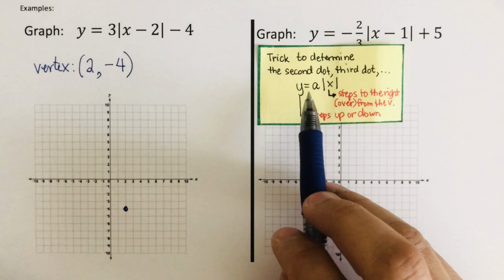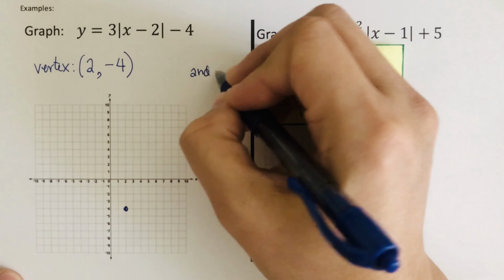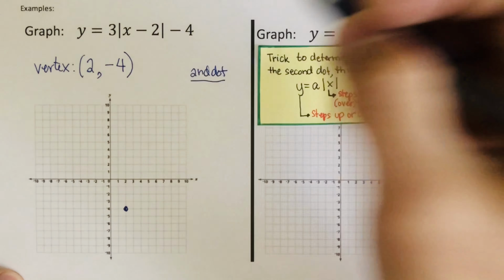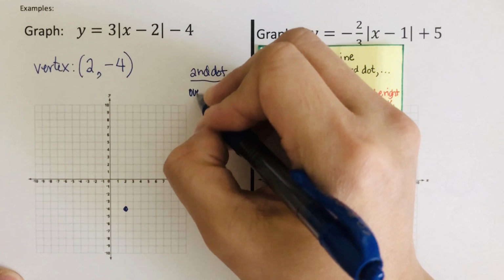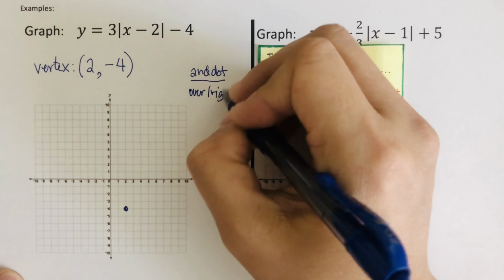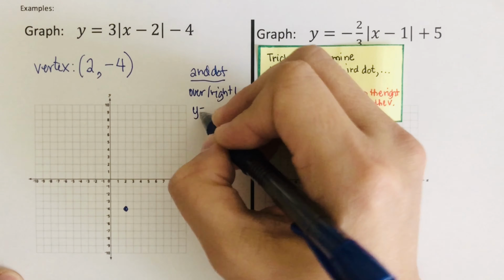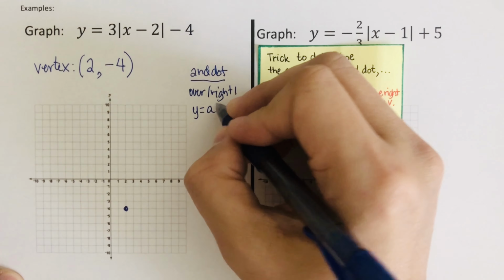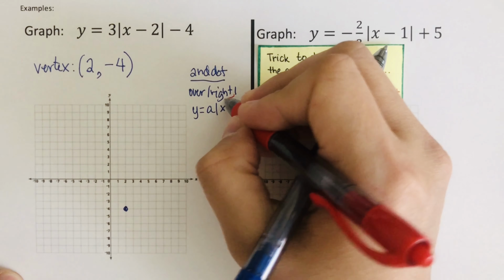So then we are going to use the trick to get the second dot. It's exactly the same thing as what we did in the first example. So the second dot would be y. So we're going to go over or right 1. So I say y is equal to a absolute value of x, and the one that we put into the x would be the 1.